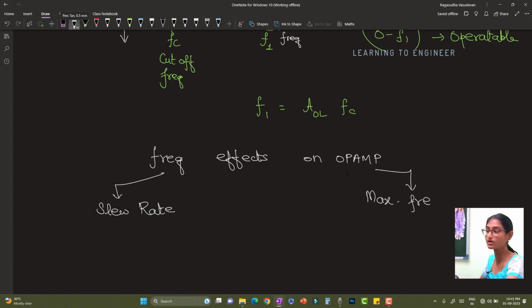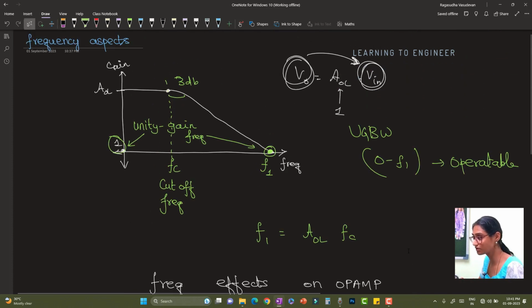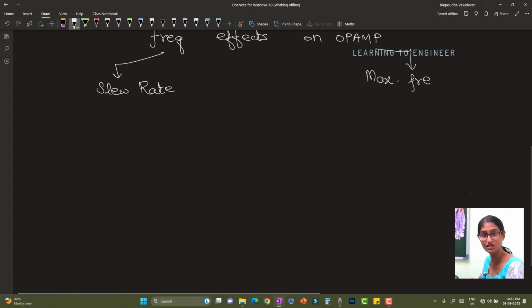This frequency is usually in megahertz or even more, so it is a very wide range. So what is the maximum frequency at which it can be optimally used? We are going to see these two parameters.